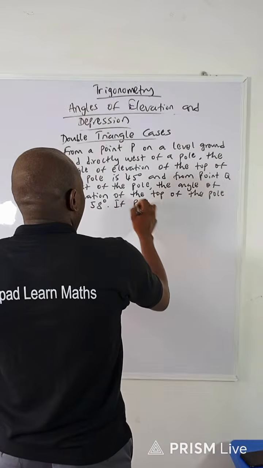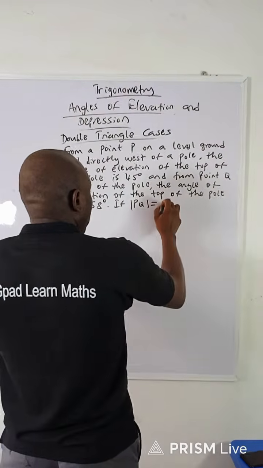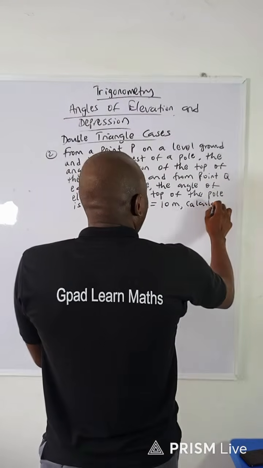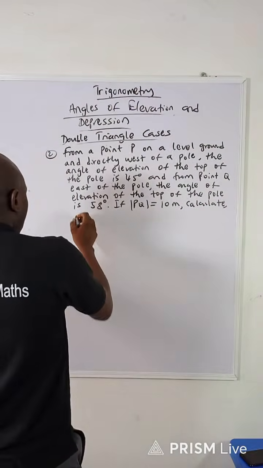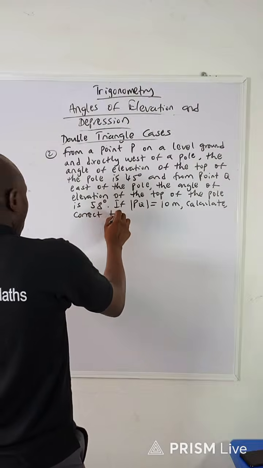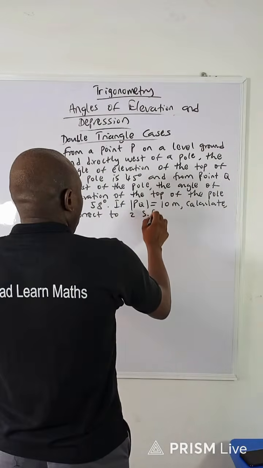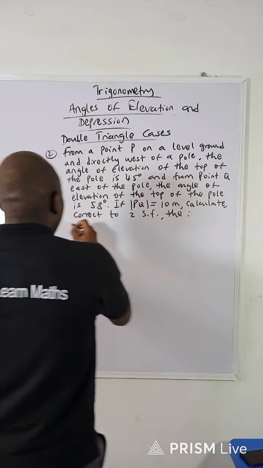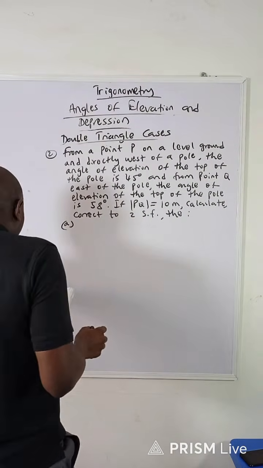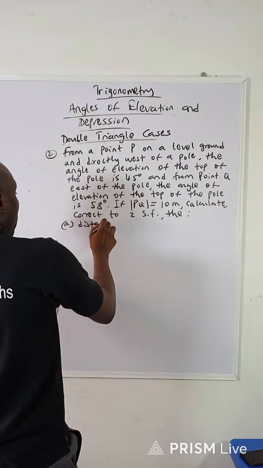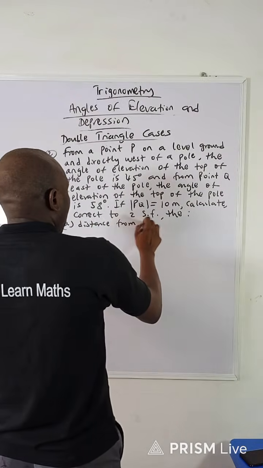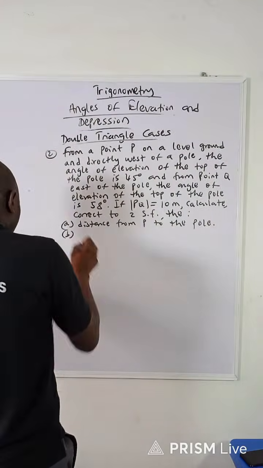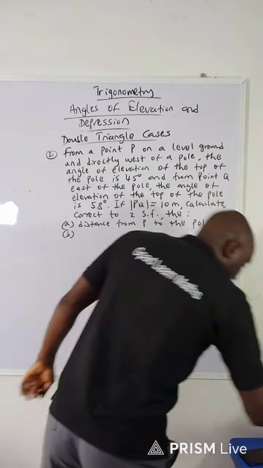If PQ is 10 meters, calculate, correct to two significant figures, A, the distance from P to the pole, and B, the height of the pole.